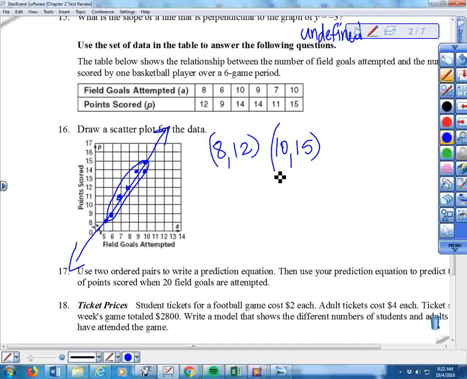Okay, so I'm supposed to use 2 ordered pairs to write a prediction equation. So my slope is 15 minus 12, which is 3, over 10 minus 8, which is 2. There's my slope. To find b, I'm just going to pick one of these points and put it in. So I'll pick 8, 12.